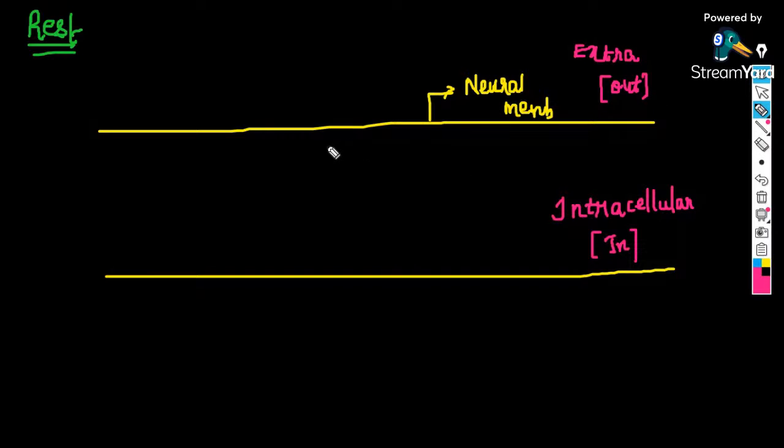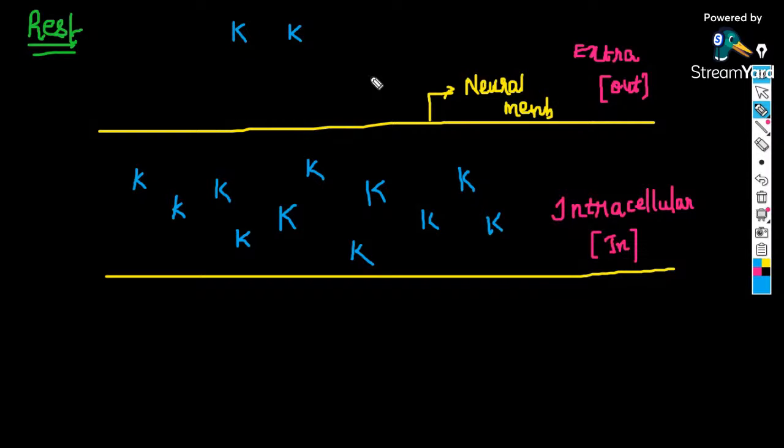At the resting stage, the point that you must keep in mind is inside the neuron, the potassium ions will be very high. Inside the neuron, the potassium ion concentration will be very high, whereas very low potassium will be present outside. So at rest, inside the neuron, you will find a high concentration of potassium and a low concentration of sodium.